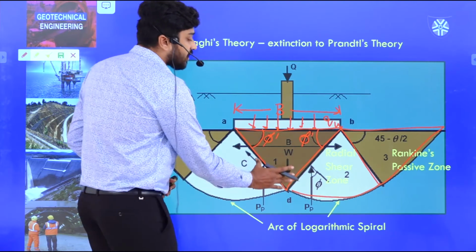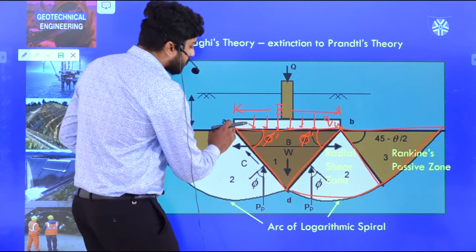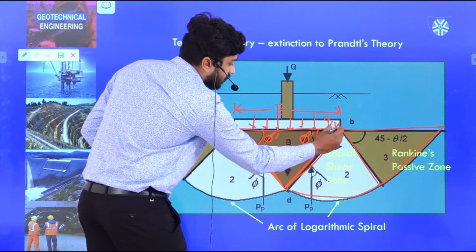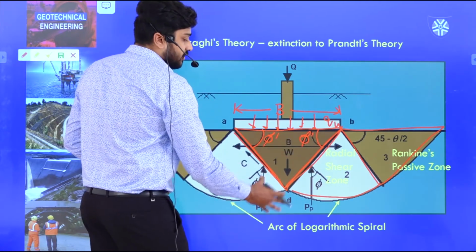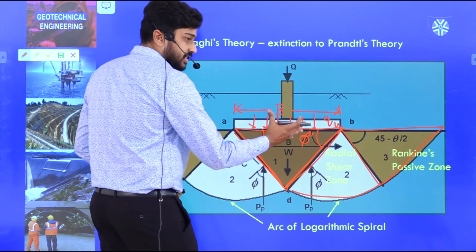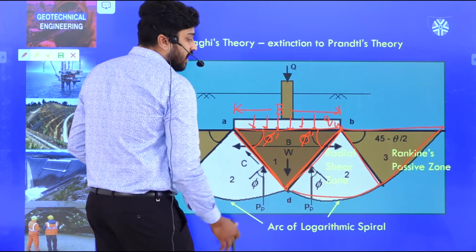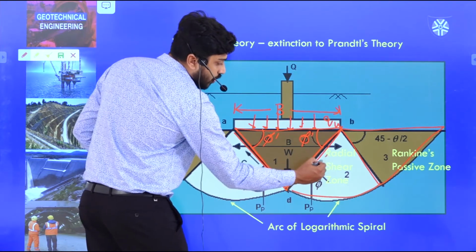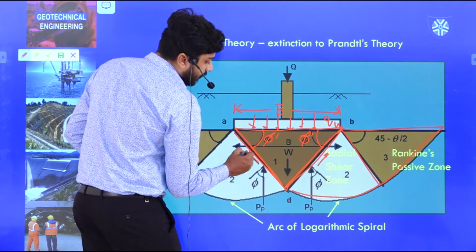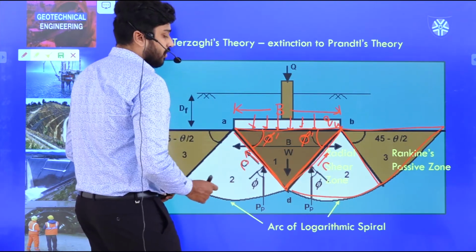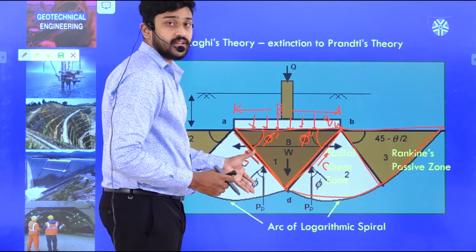For this wedge, along these surfaces which I am highlighting once again, there is a passive pressure acting upwards because of this radial shear zone and Rankine zone, as well as some cohesive force along the surfaces. This also has to be considered.